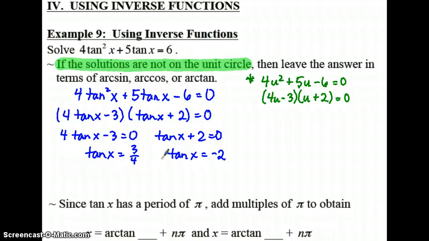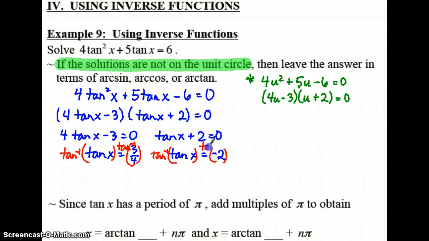However, since tangent's domain can be all real numbers, these values can both work as an answer. To solve for x, you just take the arctangent, or tangent to the -1, same thing. Just two different ways to write the same thing.